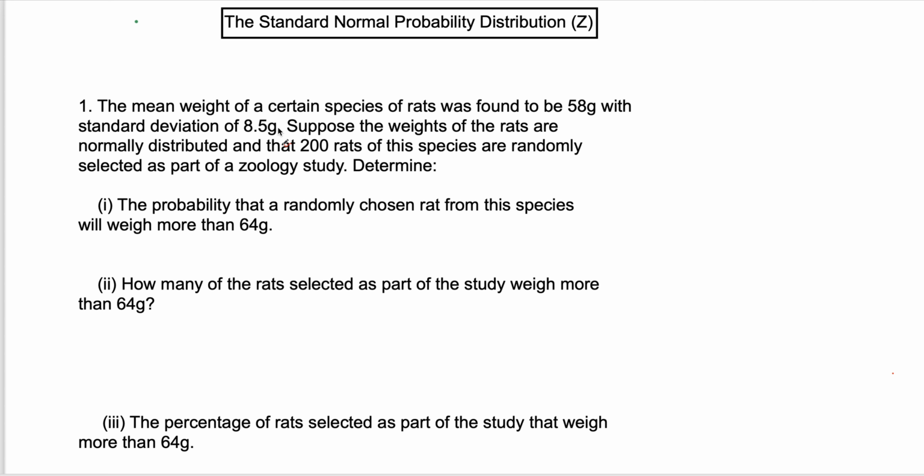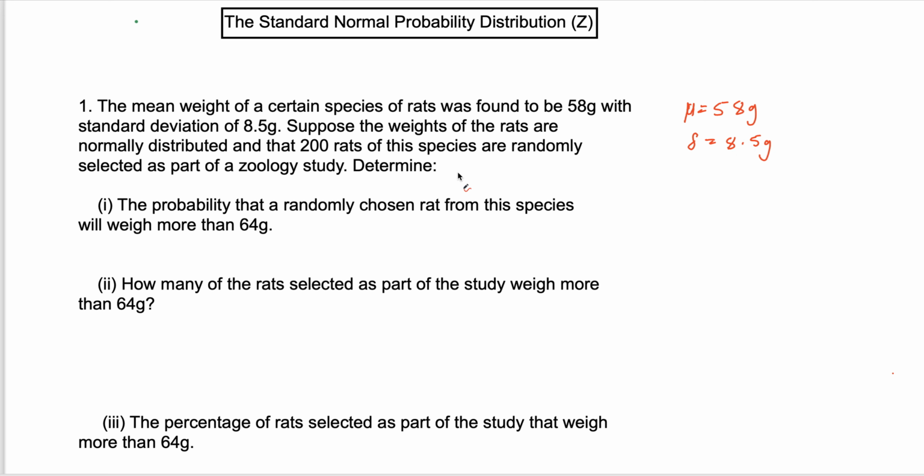The mean weight of a certain species of rat was found to be 58 grams, with a standard deviation of 8.5 grams.